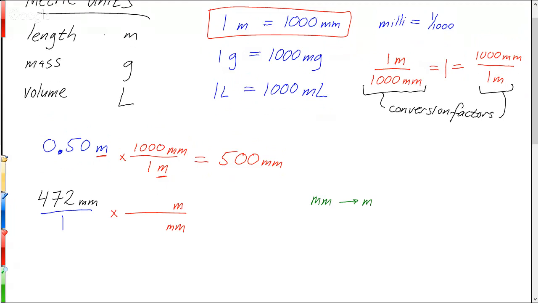Then we can go back and fill in the numbers. I know it's 1,000, but I can't remember: is it 1,000 meters per millimeter, or is it 1,000 millimeters per meter? So we could look back at our equality and say, oh okay, it's 1,000 millimeters per meter. So the 1,000 goes with the millimeters, and the 1 goes with the meters.